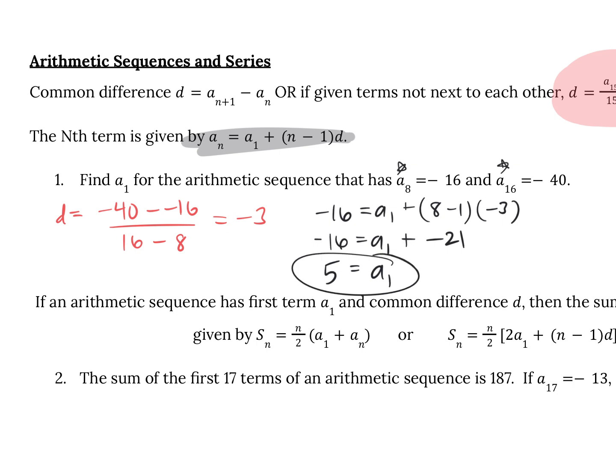Okay, if it asks us to find a sub n, we would just plug in a sub 1 is 5, and my d is negative 3, and then the n's would stay there for a sub n.